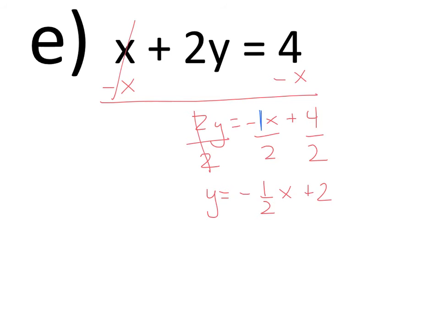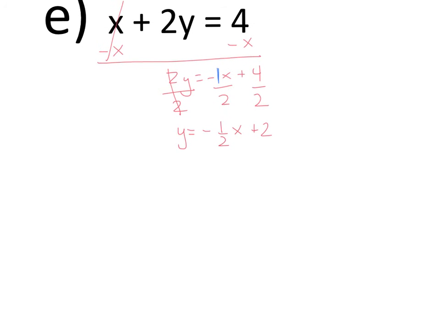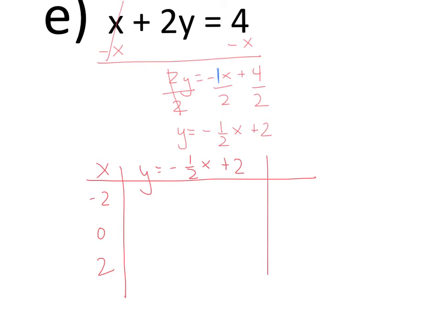Okay. All right, so now let's set up our table here. And we've got x is going to be negative 2, 0, and 2. I've got y equals negative 1/2 x plus 2. And then I have my y values. Okay, so y equals negative 1/2 times negative 2 plus 2.